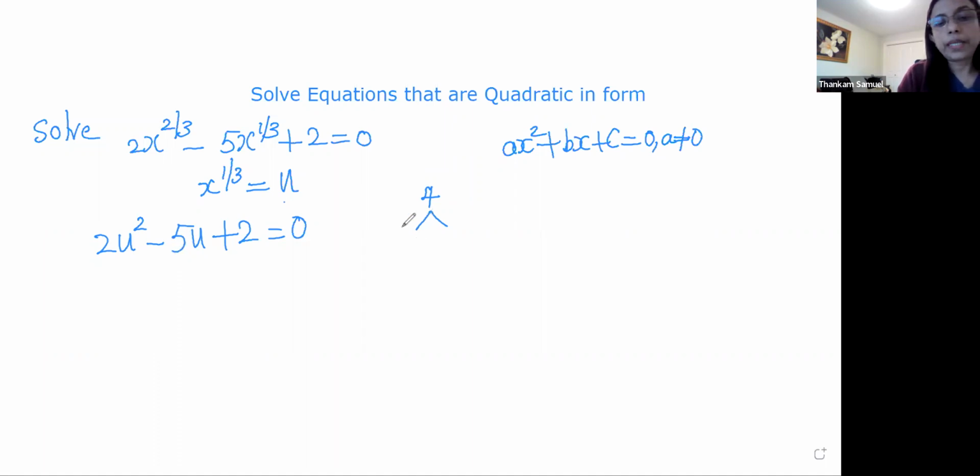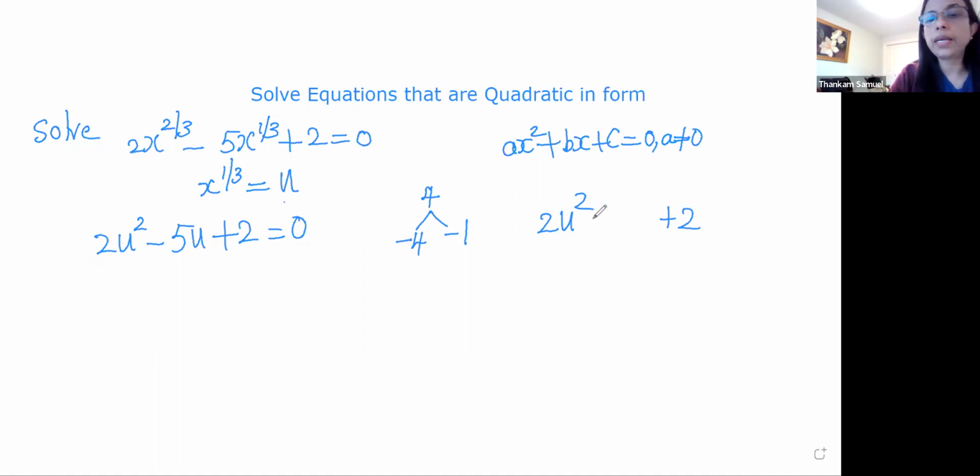So you can see that the two numbers that make the product +4 and sum -5 are -4 and -1. Then you can keep the first term and the last term like that and rewrite the middle term using these numbers.